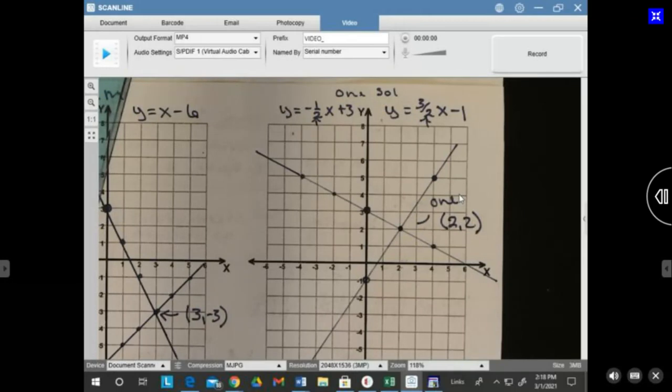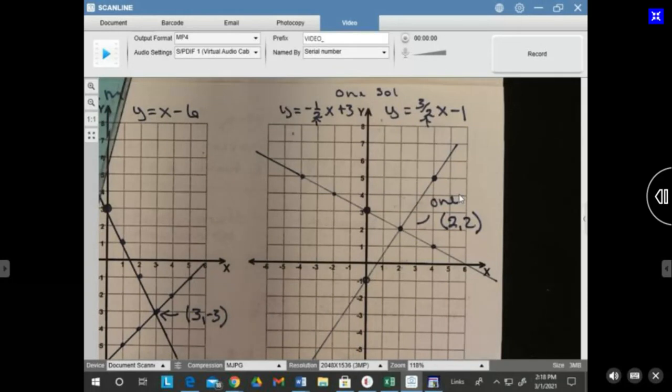Okay. We've been graphing those lines a while, and I'm telling you, on Friday's test, if you don't know how to graph that line, we are in a pickle.